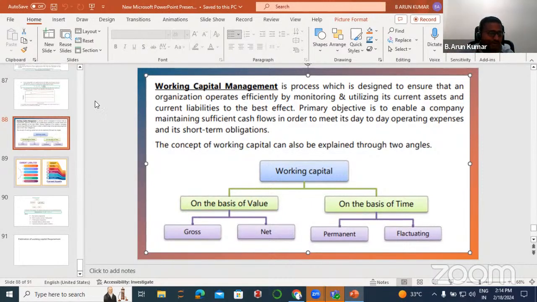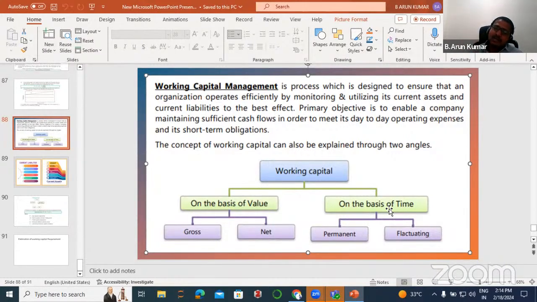In working capital we have two things: how we calculate working capital on the basis of value and on the basis of time. On the basis of value, how much is gross working capital and how much is net working capital. This is the value-based calculation.